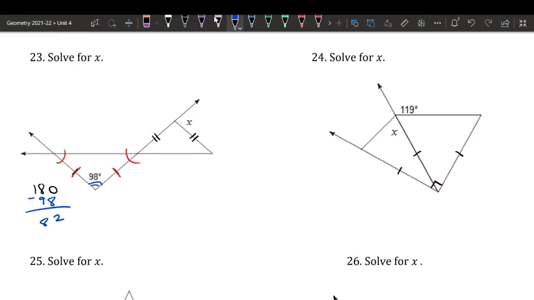So I have 82 degrees to split between the two base angles. So to split it in half, I'm going to divide by 2. And that's 41. So that means each of these is 41 degrees.